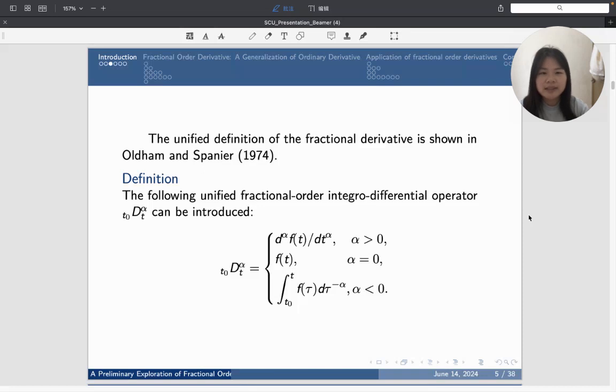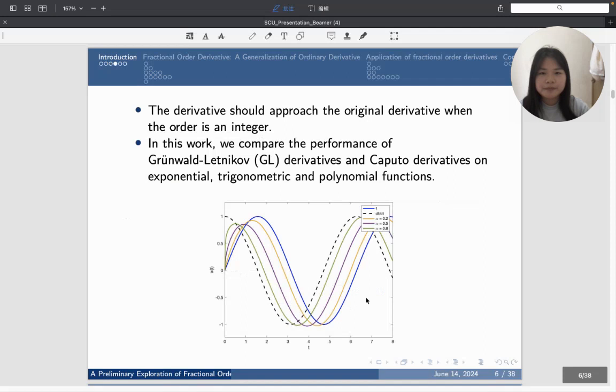It's been shown that when the fractional order alpha is larger than zero, the form is more like the differential operator, and when the order alpha is less than zero, it's more like an integral. When we construct a fractional derivative, we expect that it should approach the original derivative when the order is an integer, just like the figures show.